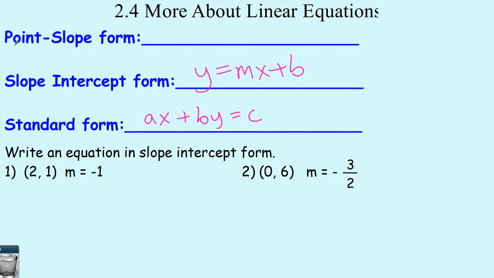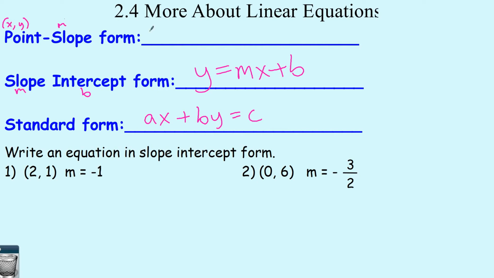Okay, point slope form is similar to the idea with slope intercept form, where you needed the slope m and the intercept b to get my equation. Point slope form, you need a point and a slope.